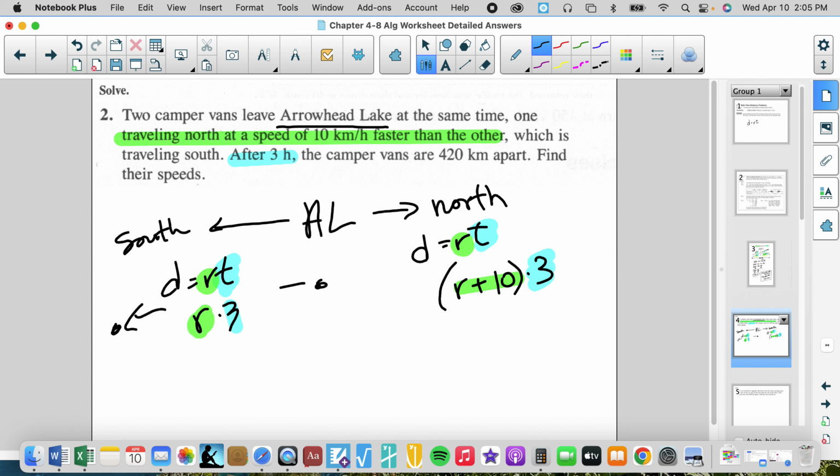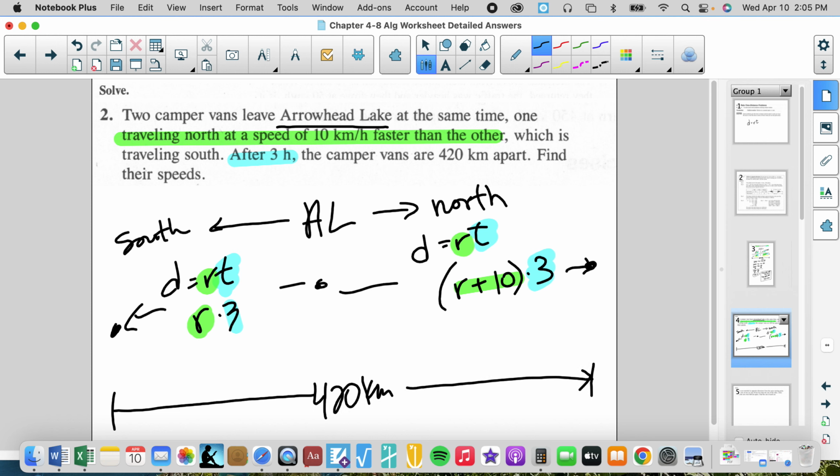After 3 hours, that camper is going to be in that location, and that one in that place. And that total distance is going to be 420 kilometers. So that's how I'm utilizing this. I don't know the specifics, but I know the generalities.